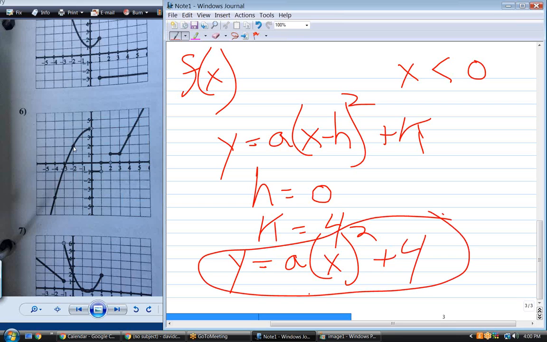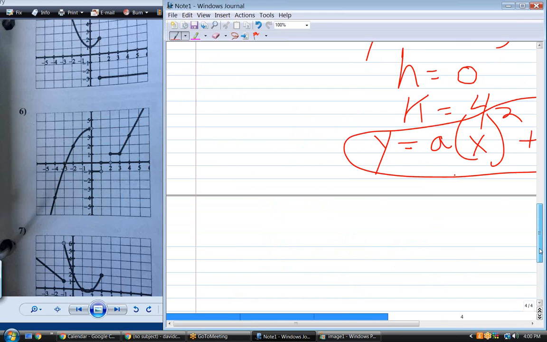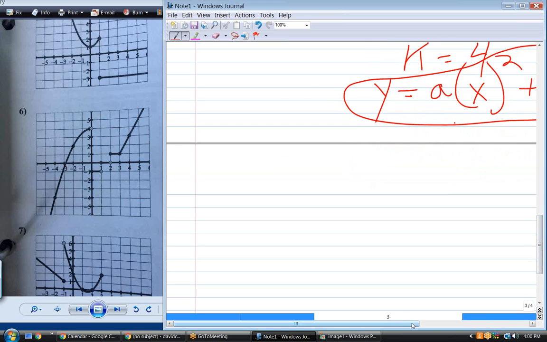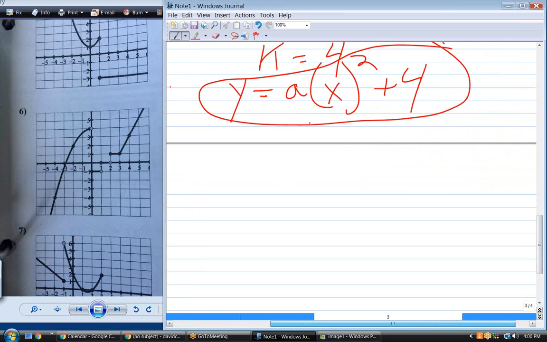Well, they've given us a point right there. When x is minus 2, y is plus 2. So if I take this formula and plug in the y value and the x value, I'm going to be able to solve for a.